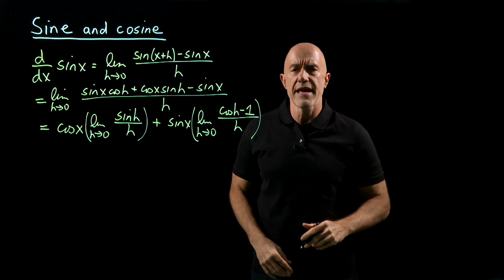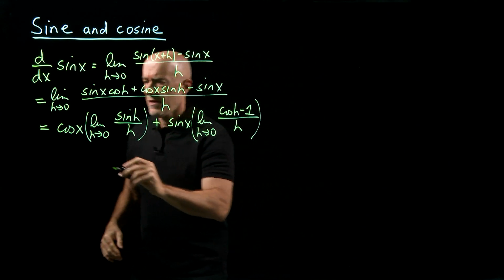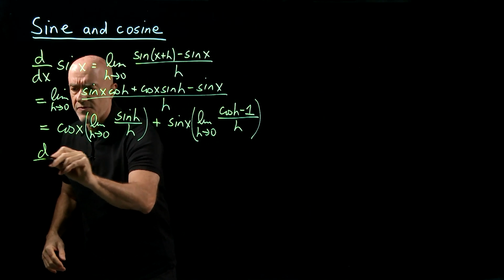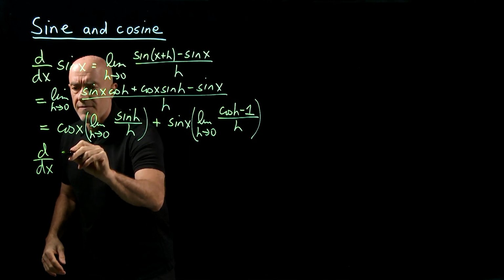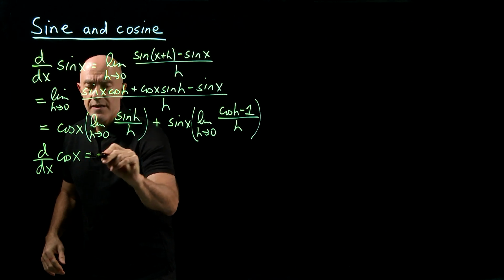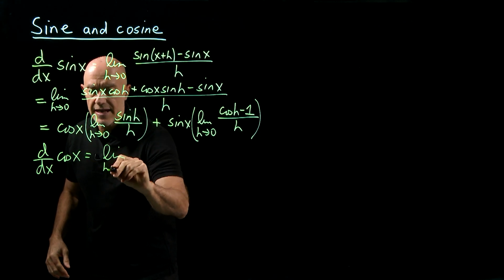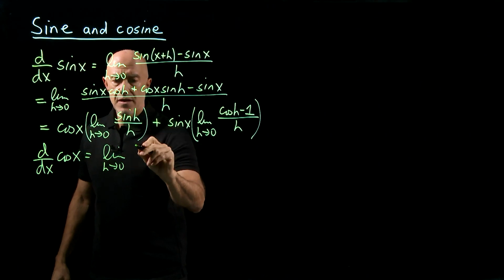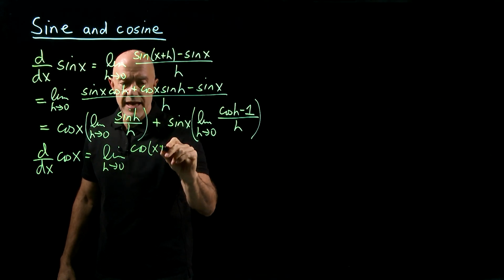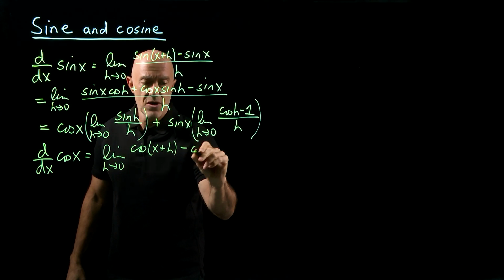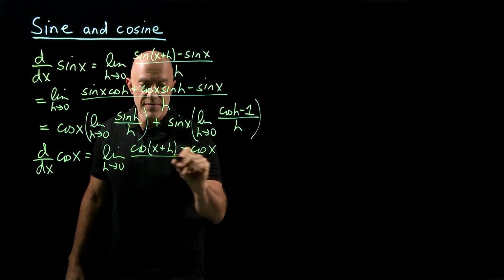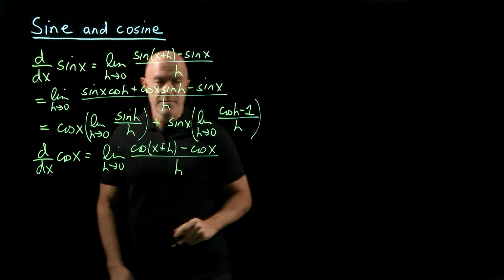Let's just do it again for a cosine. So the derivative with respect to x of cosine x equals the limit as h goes to 0 of cosine x plus h minus cosine x divided by h.